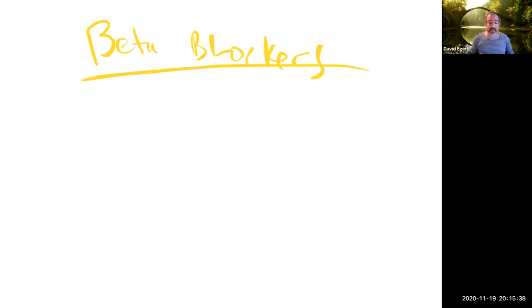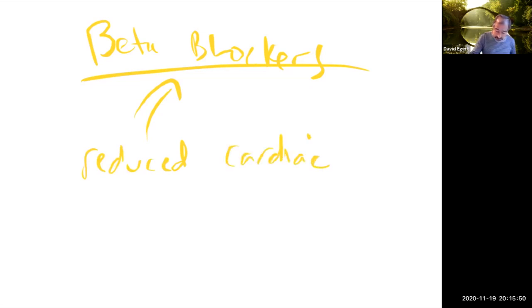Because ultimately, right, I mean, part of the reason, here I can go. The beta blockers. Why do people take beta blockers for high blood pressure? One of the things that beta blockers do is reduce contractility of the heart muscle, reduce cardiac muscle contractile strength.